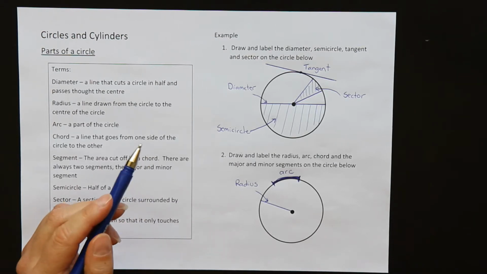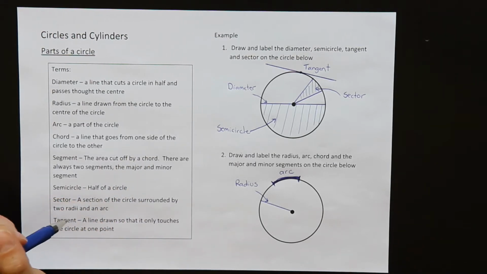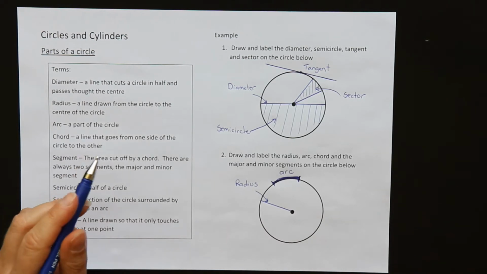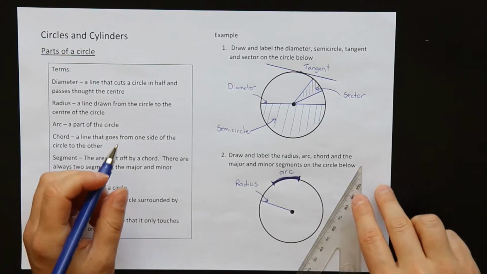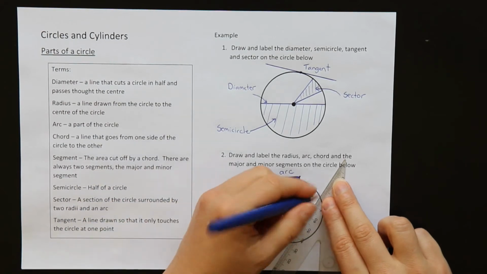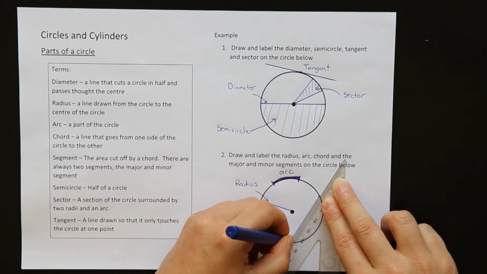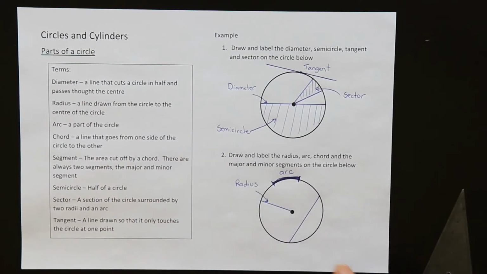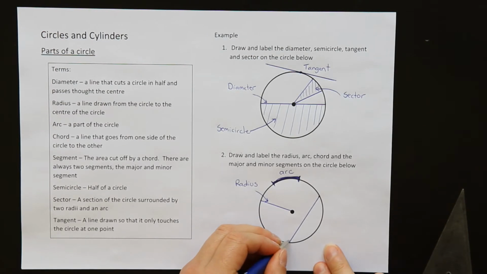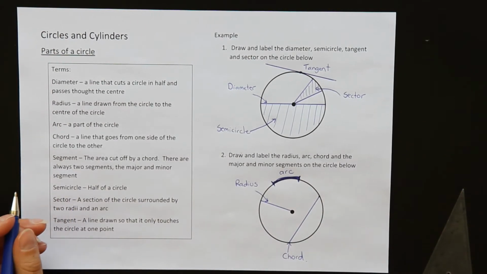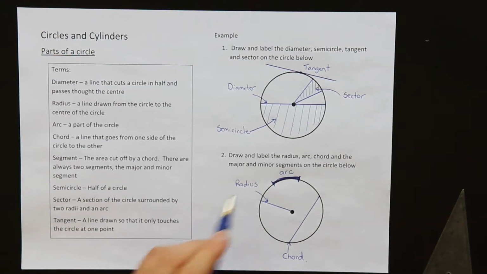Okay, next we want a chord. A chord is a line that goes from one point on the edge of the circle to another spot. So here we go, from this point to this point, that is a chord. Okay, and a chord cuts your circle into a major and a minor segment.